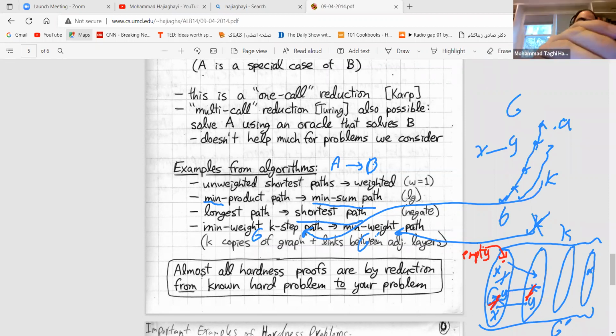Good. So let's go to this one, and this is an important one: assumptions and reductions. Almost all hardness proofs are by reductions from known hard problems to your problem. Why? Because if we know that a problem is hard, reducing it to your problem shows that your problem is as hard as those known problems as well.